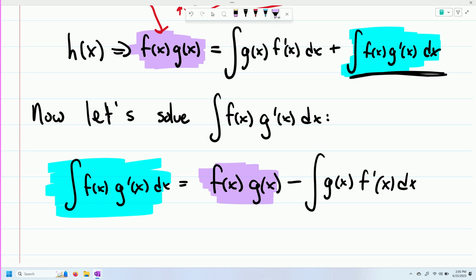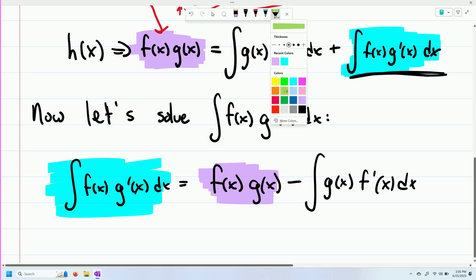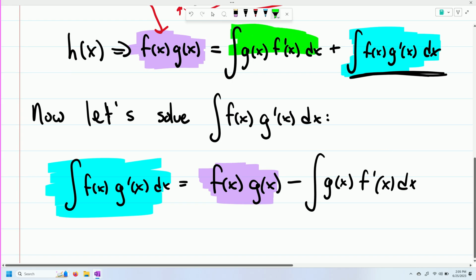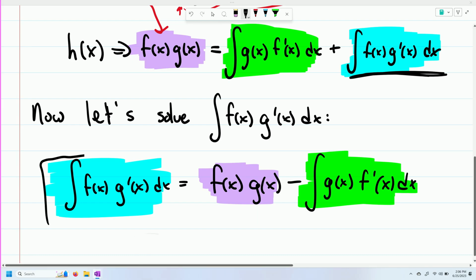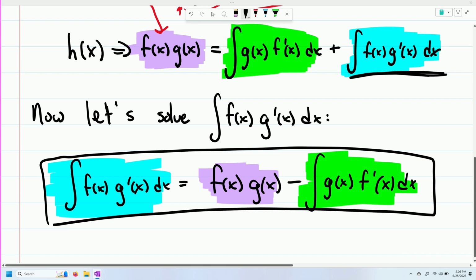And all I did is I took, we'll use this bright green, this term right here, the integral of g of x times f prime of x dx, and I moved it from the right side of this equation to the left side by subtracting. So that's right here. And congratulations, we have just found the integration by parts formula.